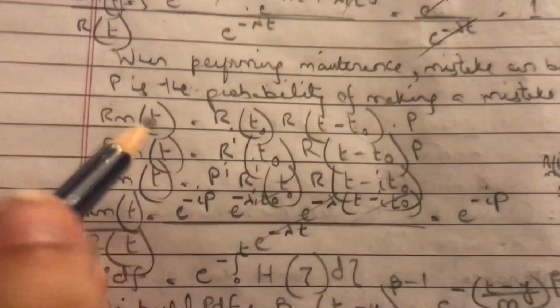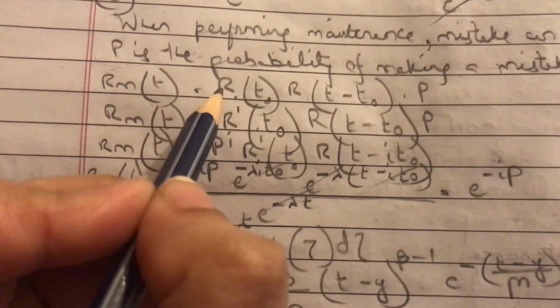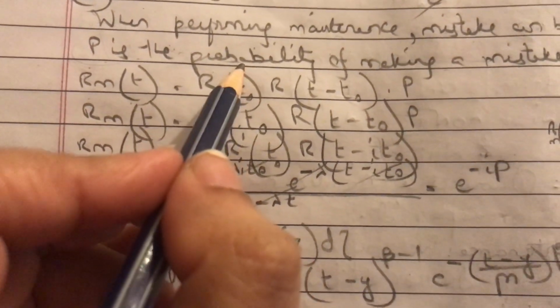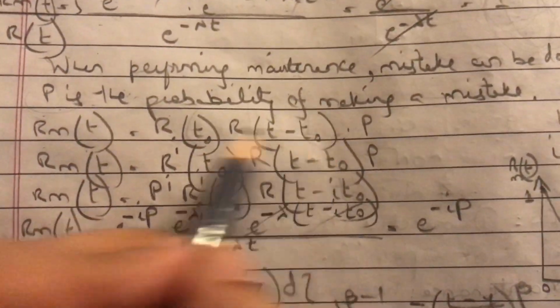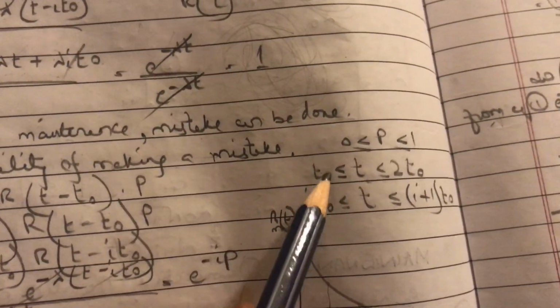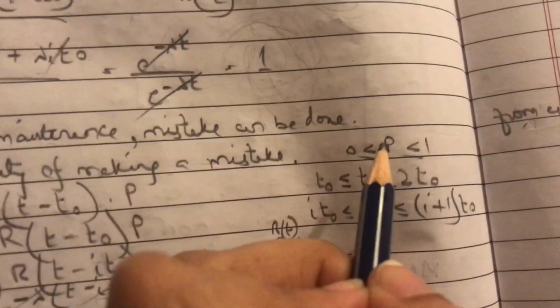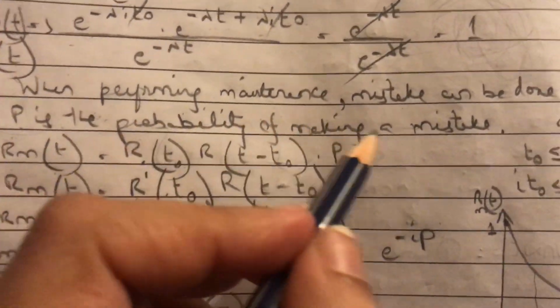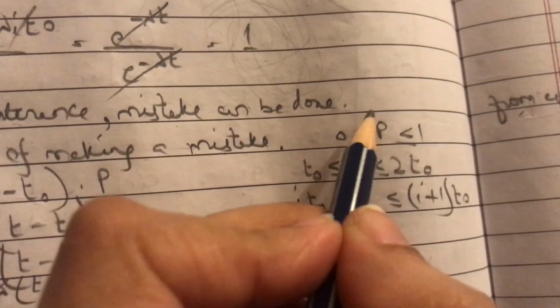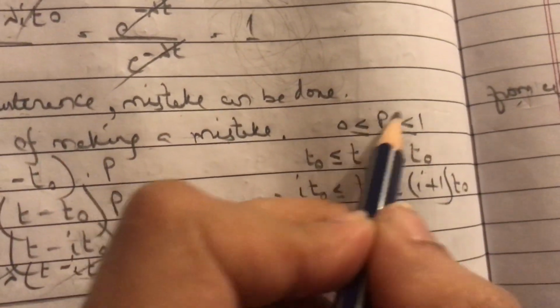So we have Rm of t, you know, R of t0, R of t minus t0. This equation is for when we have t in the limit from t0 to 2t0, and we have a probability of making a mistake. P is the probability of making a mistake, and you know P is bounded between 0 and 1. P has the limit from 0 to 1, right?